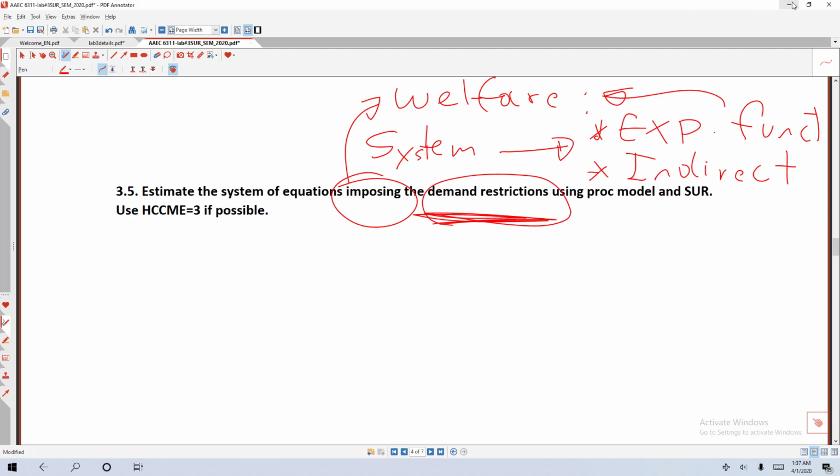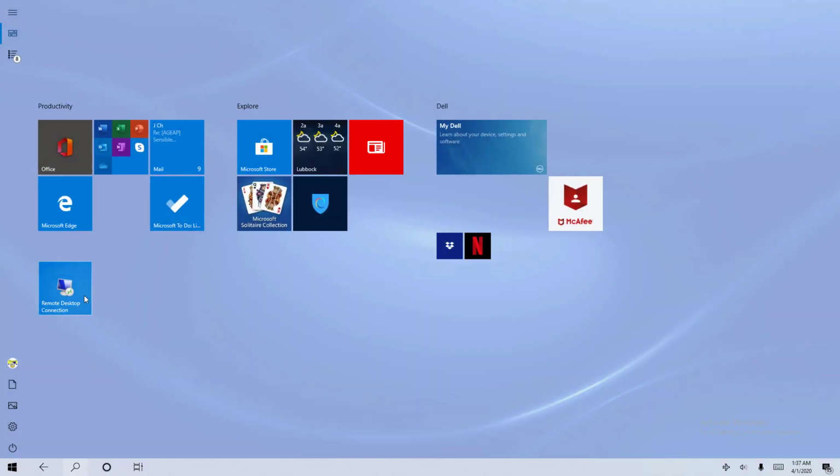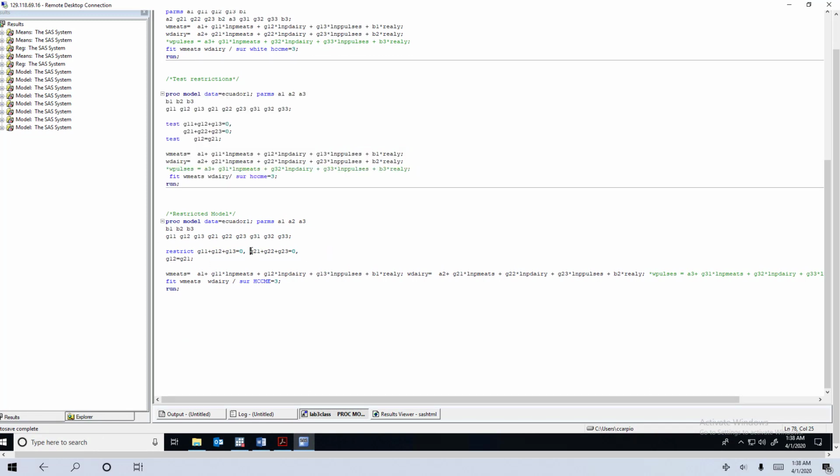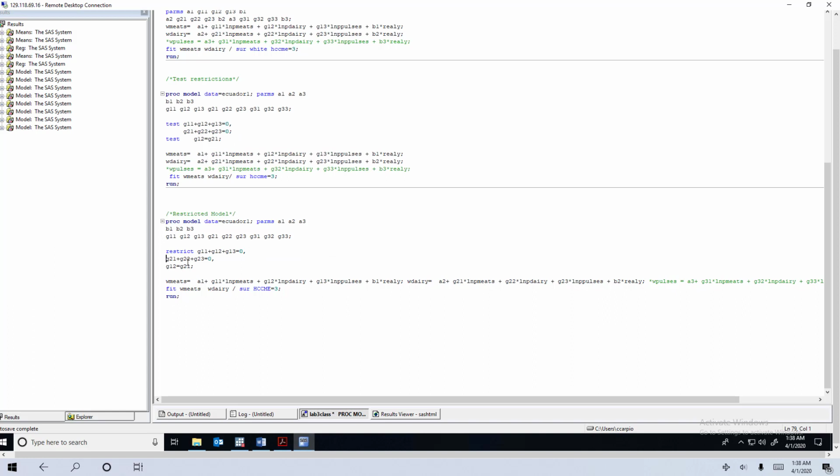So in practice, how do we go about doing that? Well, actually, it's pretty easy. We just write restrict and write all the things that we want. So we want the system to be homogeneous of degree 0, and we also want the symmetry restriction to be satisfied.